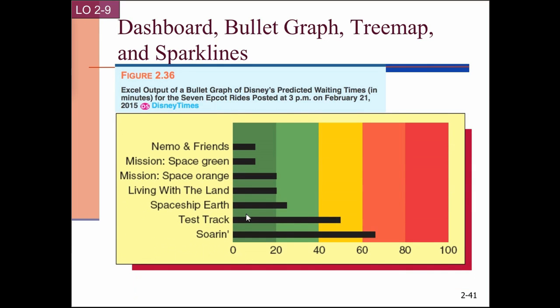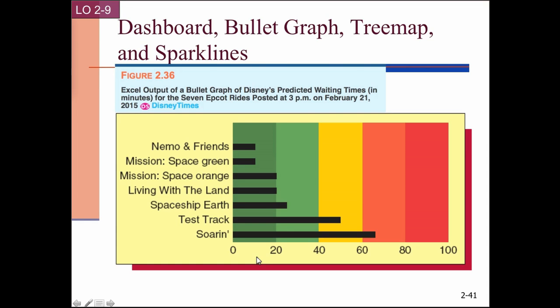Now, another type of analytical graph is what is called the bullet graph. If you remember the case of Disney waiting time, here, for example, we have 7 different types of activities you can do, and the way it's drawn, the background is colored from green to red, and the actual waiting time for each of those activities is a black bar.